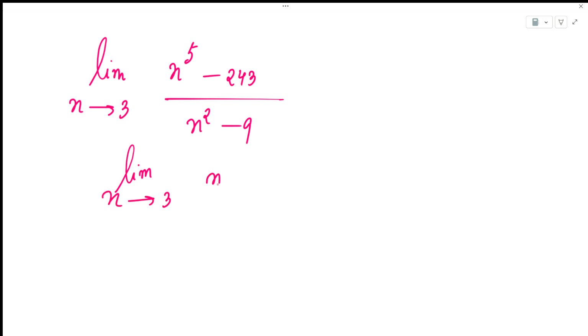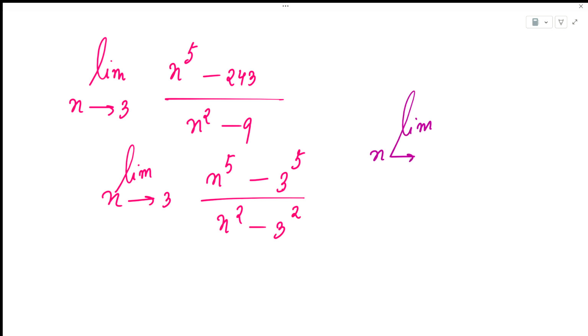I can write 243 as 3 to the power 5, and then this is x square minus 3 square. We have the formula we discussed, limit x tends to a, x power n minus a power n upon x minus a is n a to the n minus 1. So I need x minus 3 on the bottom of both the numerator and denominator.